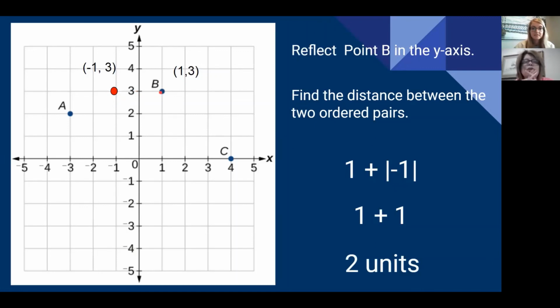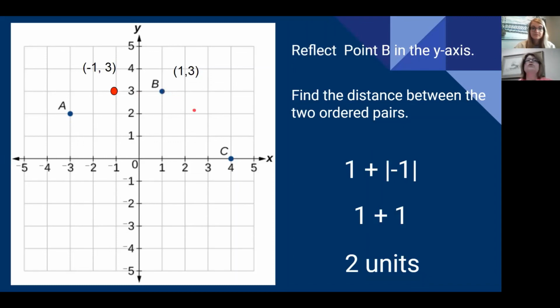So class, when you're doing reflecting, make sure that you're checking which axis you reflect over. Count carefully so you don't make a careless error. And then if you're finding the distance, the easiest thing is to just look at the coordinate graph and count. Like this problem, 1, 2.